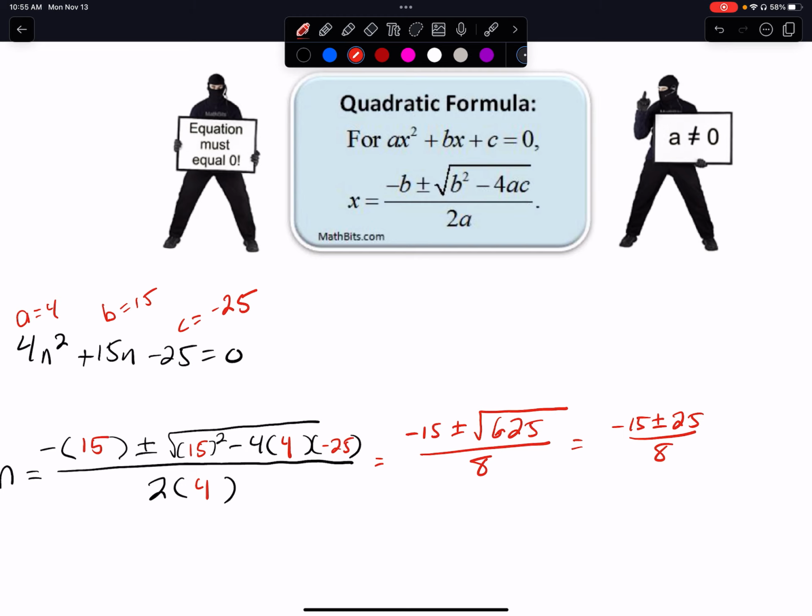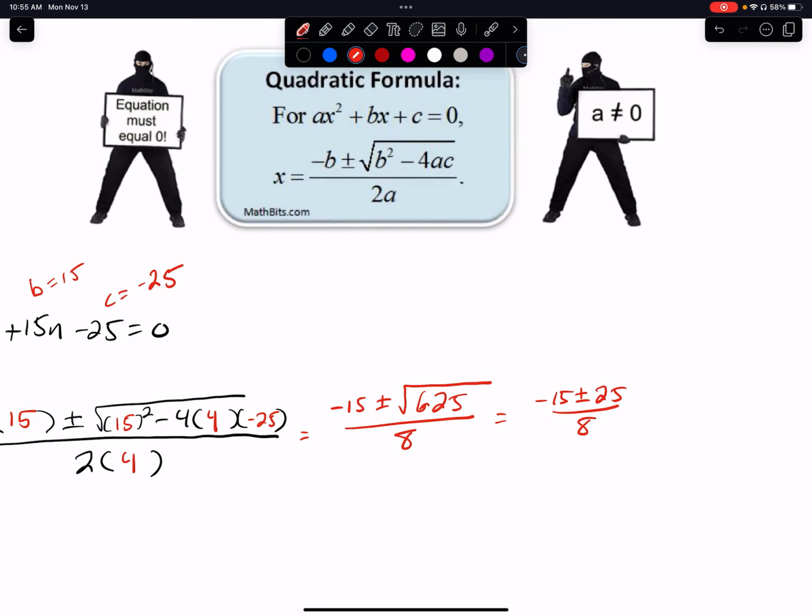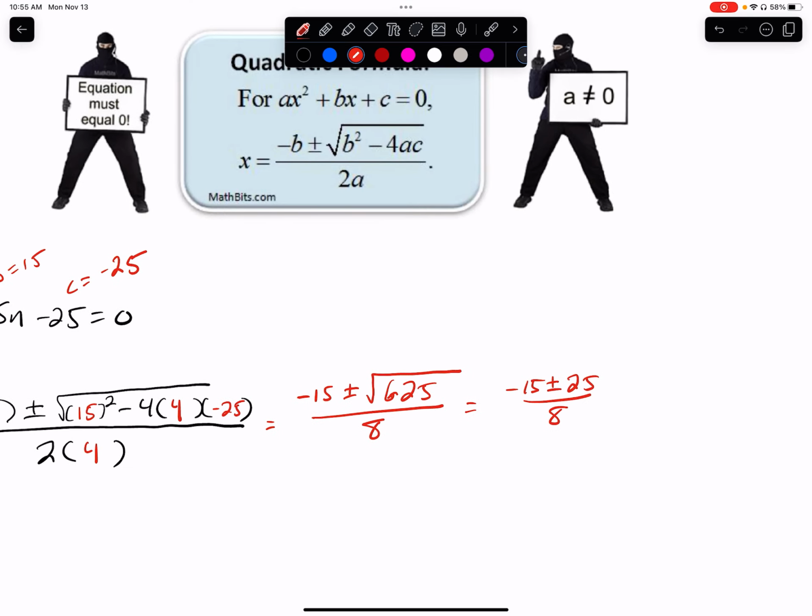So there's two cases again. What happens if we end up doing negative 15 plus 25 divided by 8? Or what happens if we have negative 15 minus 25 divided by 8?